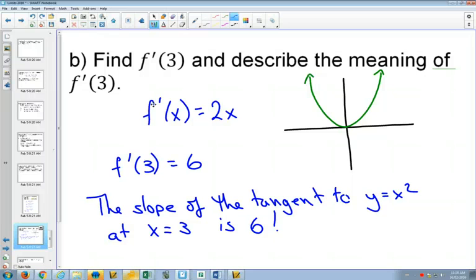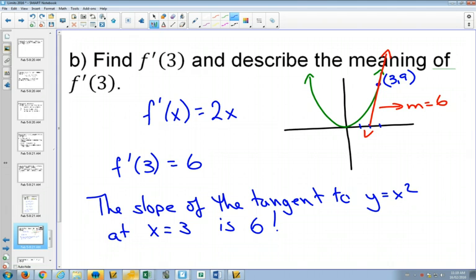Over here, the slope of the tangent when x is equal to 3, which would be at the point (3, 9), the slope of that tangent line is 6. Not 6 factorial, that's just an exclamation mark. It's equal to 6.